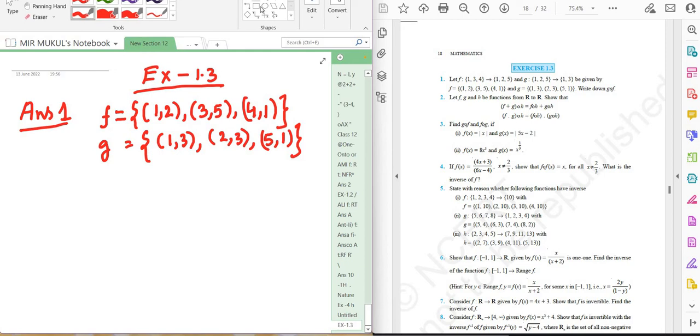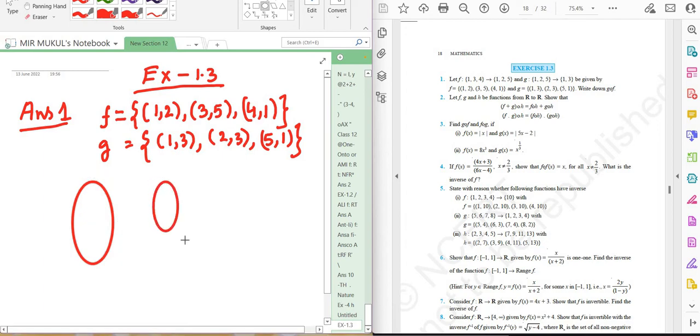With the help of a diagram I am explaining this. Suppose this is for function f and this is for function g.